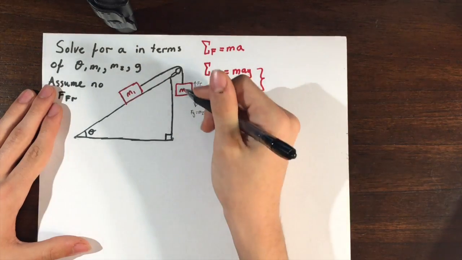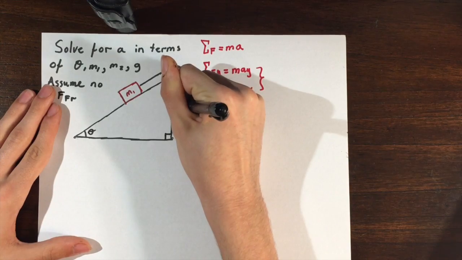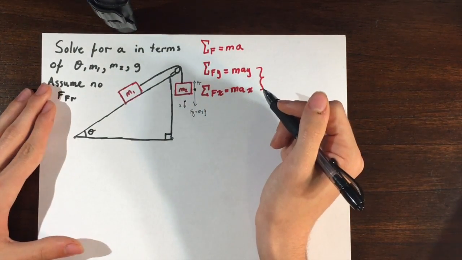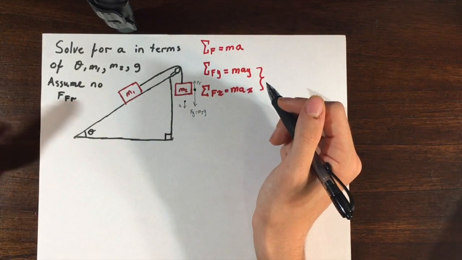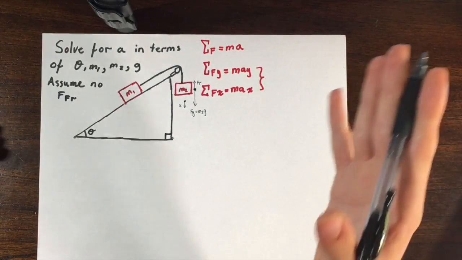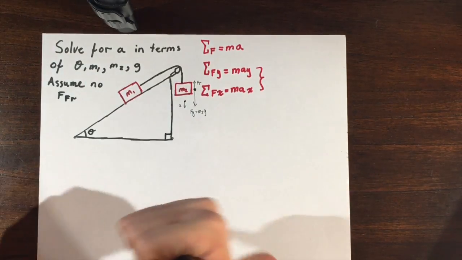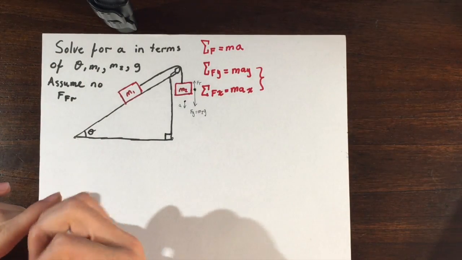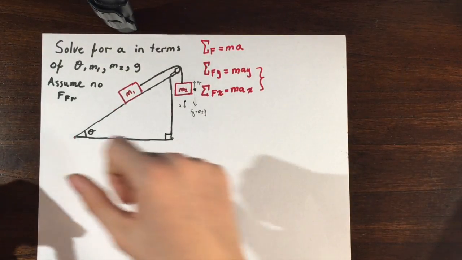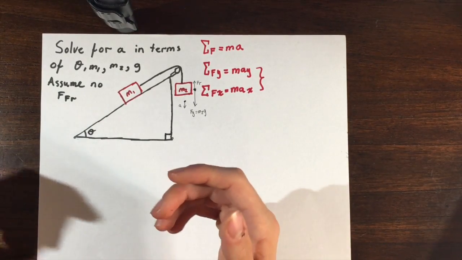So since I know that m2 will be accelerating downwards, I have the acceleration right here. That means the force of gravity must be greater than the force tension. I gave the example perhaps in another video, but we have a cord with two different people on it. One side of the cord is someone just a little bit stronger than the other person on the other side, and they're pulling in opposite directions. Since the person on the right side of the rope is stronger, he will make the rope move towards his direction, but it will be impeded.